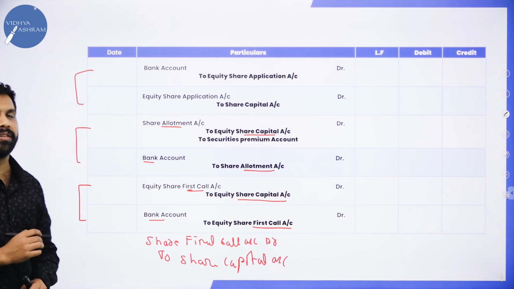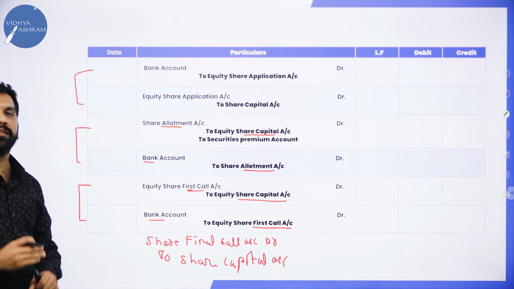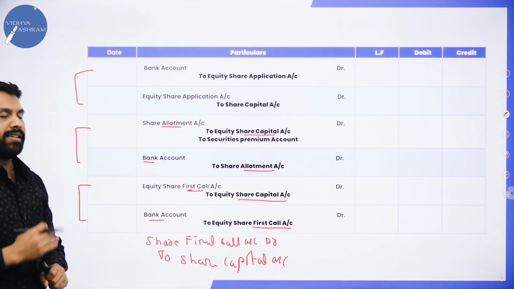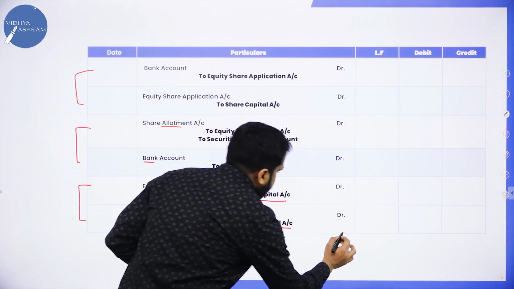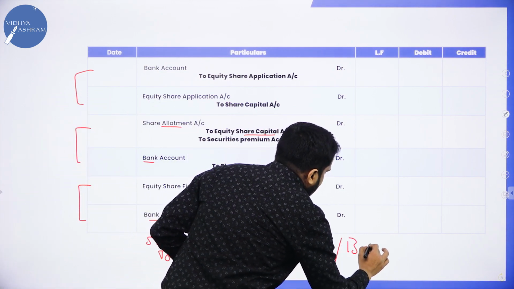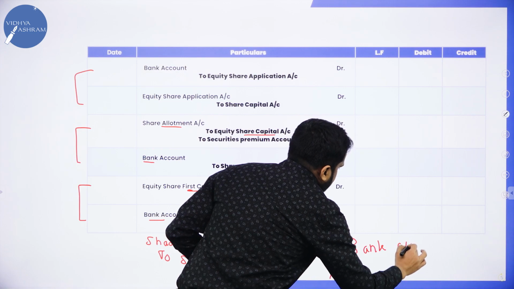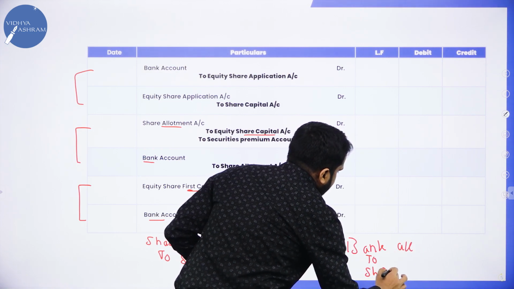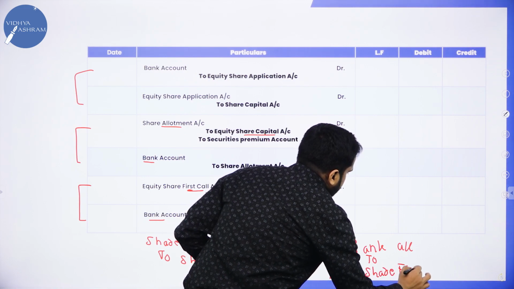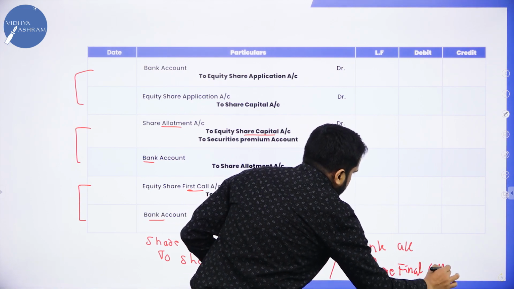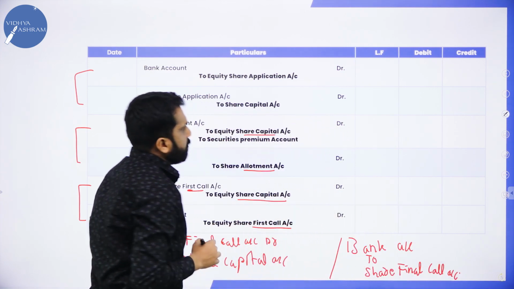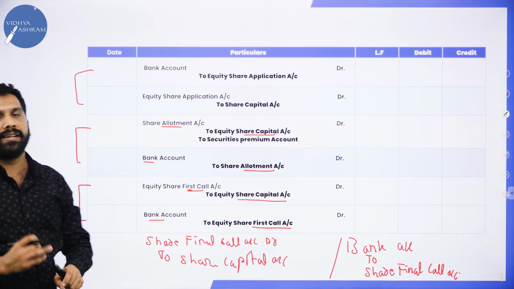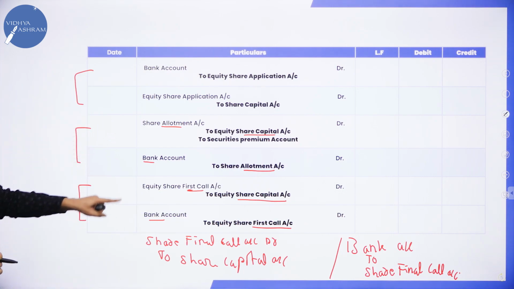What is the last journal entry? Instead of bank to share first call, bank account debit to share final call account. So remember, this is a must. You have to write it. Now, we have all the journal entries.